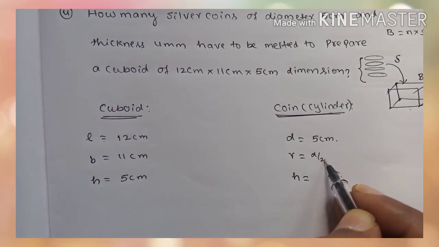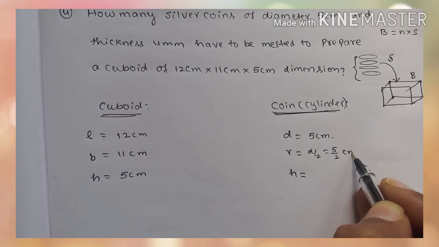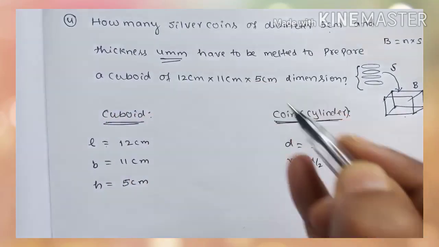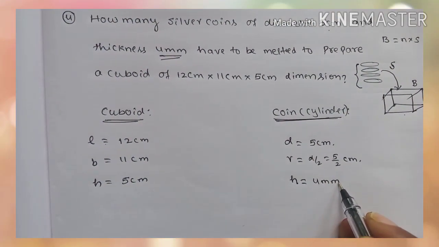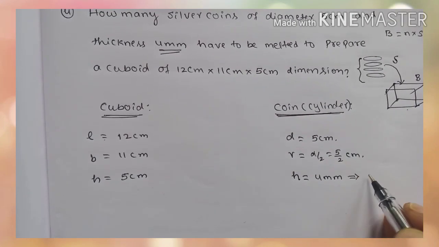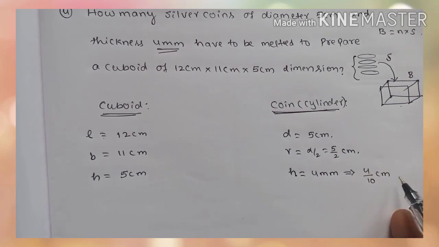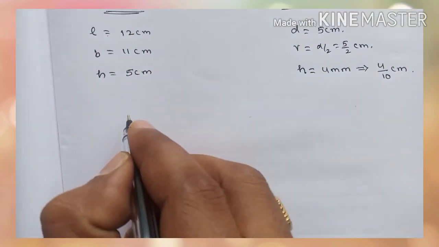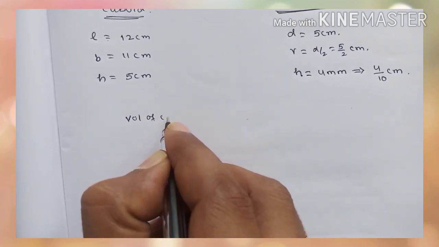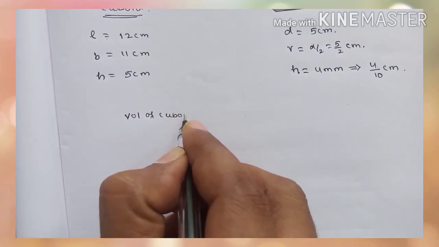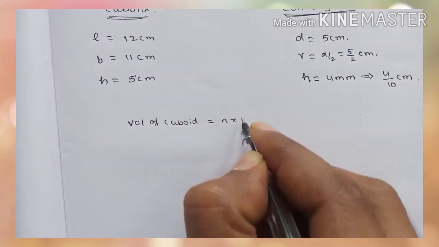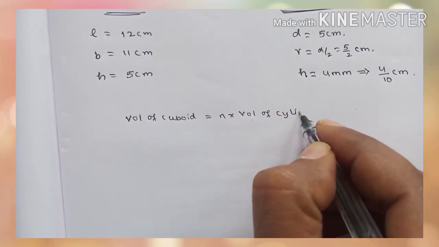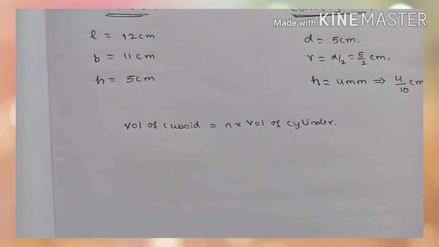So radius is equal to diameter by 2, so 5 by 2 centimeters. Height is the thickness given in the problem, 4 millimeters. That millimeters you have to convert into centimeters, so we write 4 by 10. Now we can go for the final result. By the problem, volume of a cuboid is equal to n into volume of the coin, or cylinder.